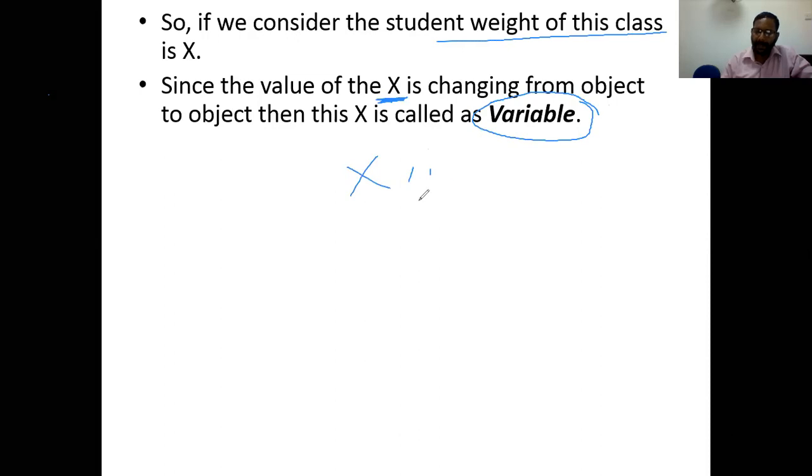How can we name this X? X is a variable which indicates the weight of this particular class, your class maybe. Why do we call this X a variable? Because if you take the individual values of X, they change from object to object, therefore we call it a variable.